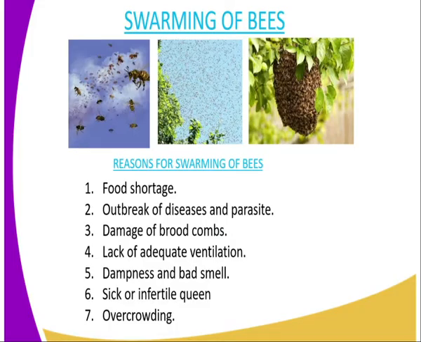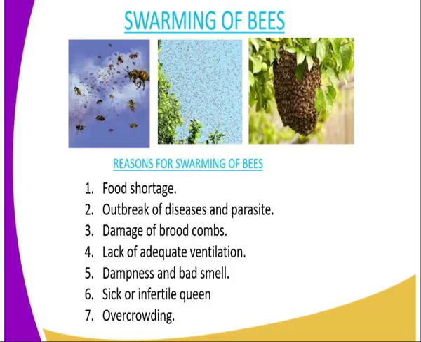Also, you make sure that there is no bad smell. Number six, when the queen becomes sick or infertile, the whole colony kills that queen and swarms away. And when they go to another place, they normally elect another worker to become a queen.